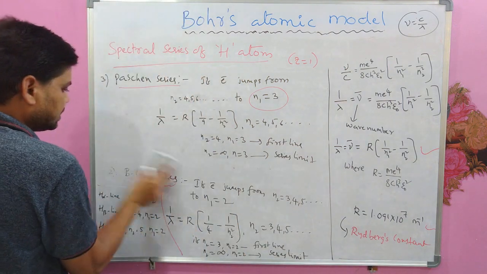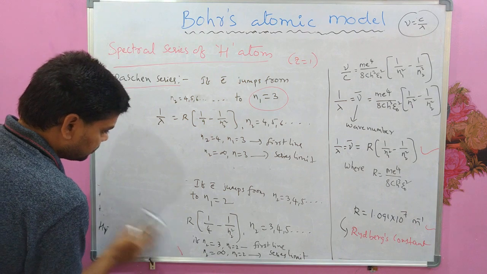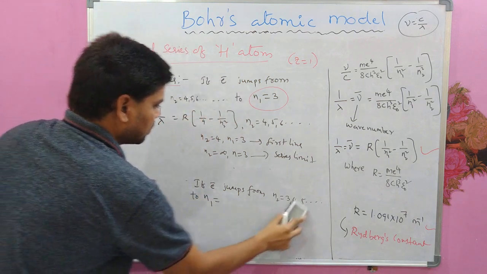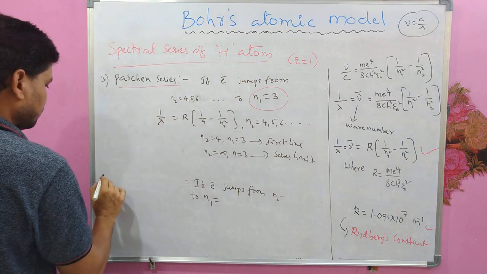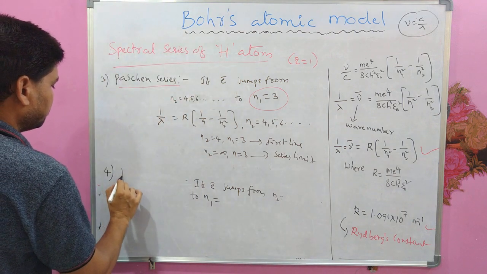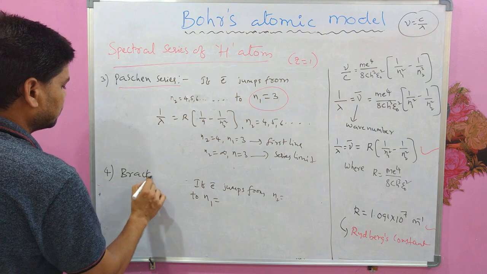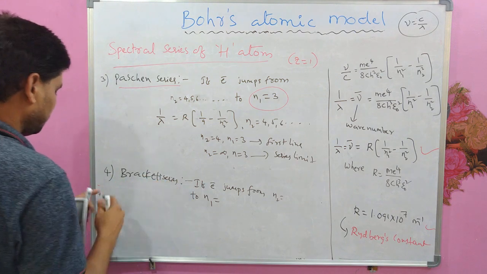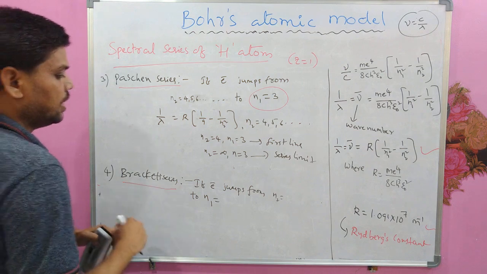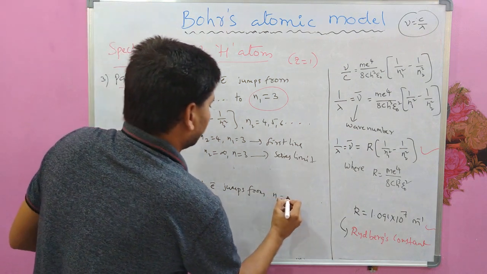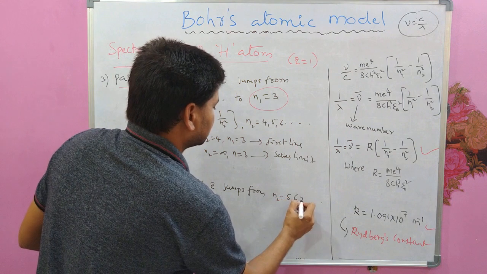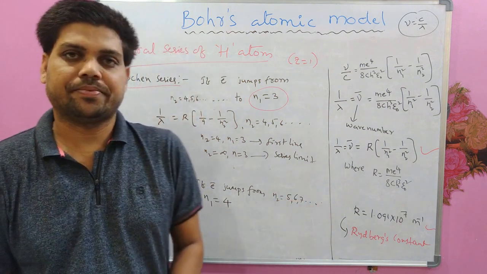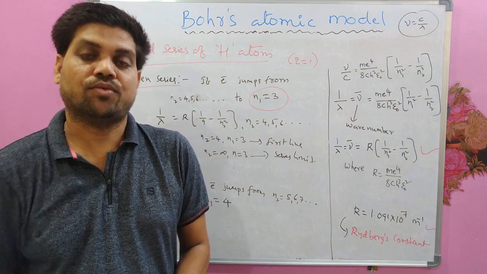Okay, so the next case is the fourth one, the Brackett series. So what is the Brackett series? If the electron jumps from n2 equal to 5, 6, 7, and so on, and n1 should be 4, the fourth orbit.